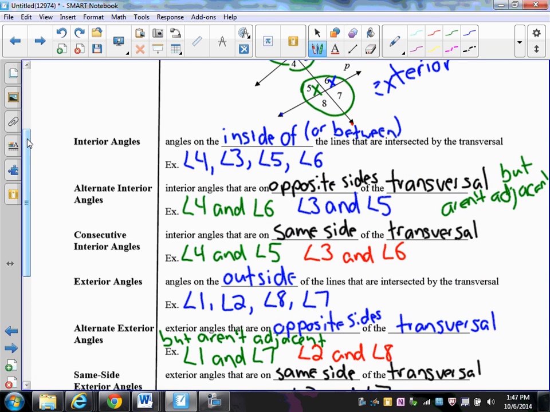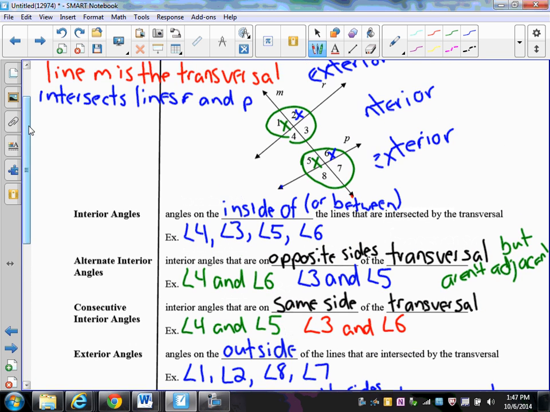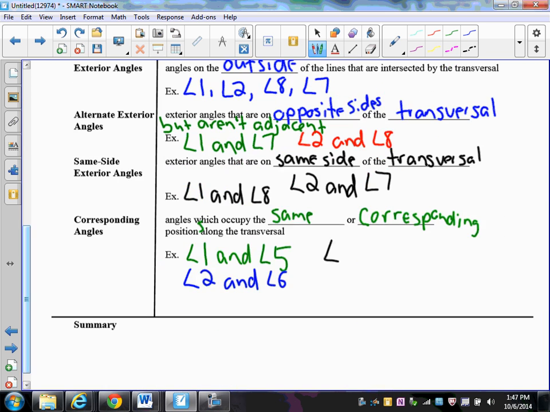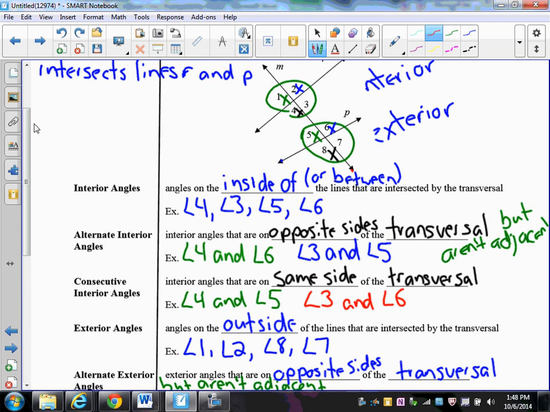My third example, whenever I go lower left, angle 4 and angle 8. And the last example of a corresponding angle that I have is angle 3 and angle 7.